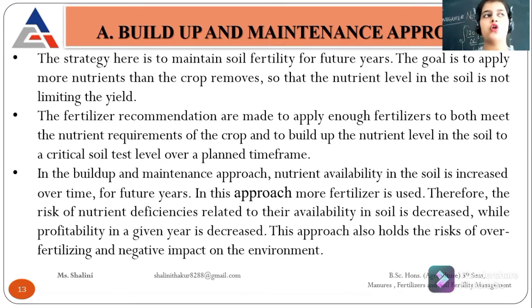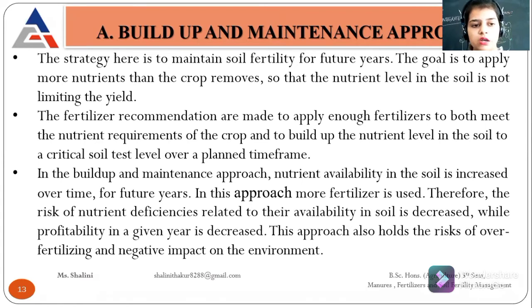Means if your crop requires 2 kg of nitrogen, and if in soil it requires 100 kg of nitrogen, there should be availability of that particular nutrient in the soil. So build up means we have to maintain the nutrient level both for the soil as well as for the crop.